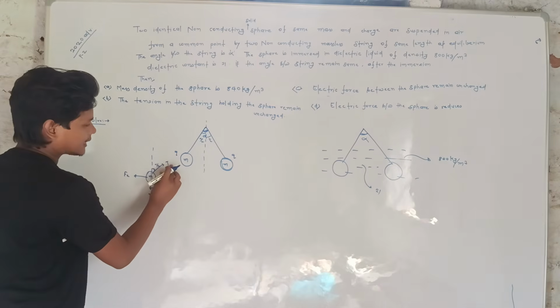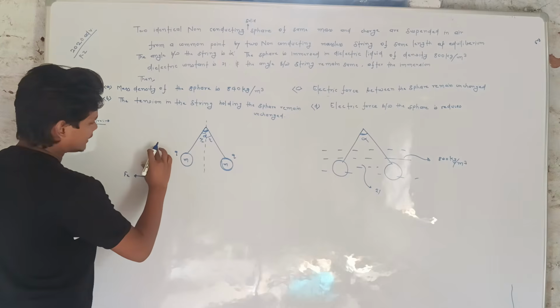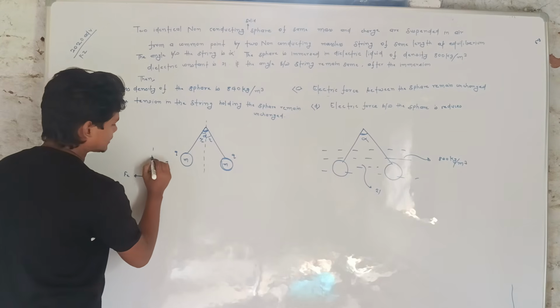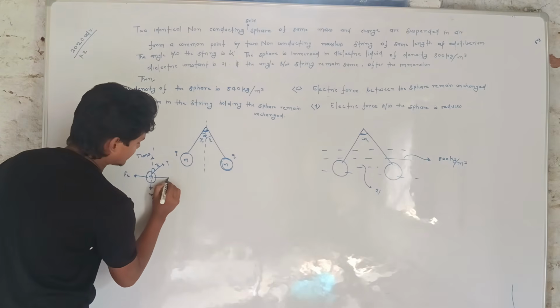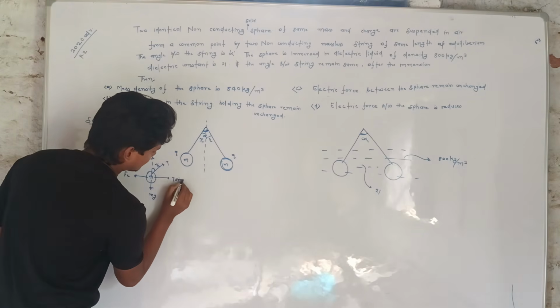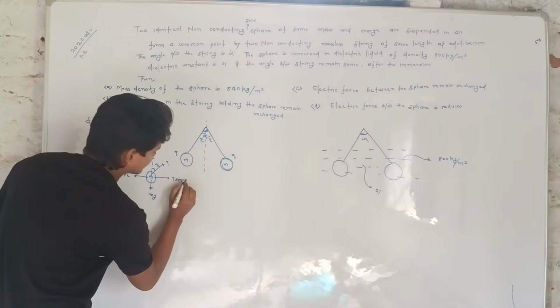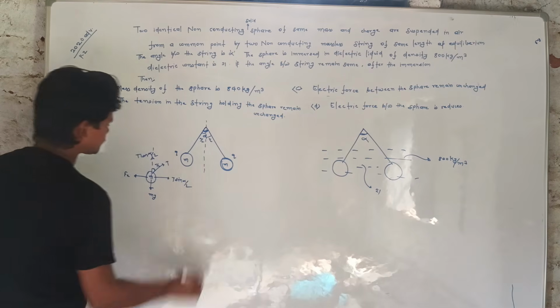If we break the tension into two components, a horizontal component and a vertical component, the vertical component is T cos alpha by 2 and the horizontal component is T sin alpha by 2. Sorry, there is no theta, it is alpha by 2.